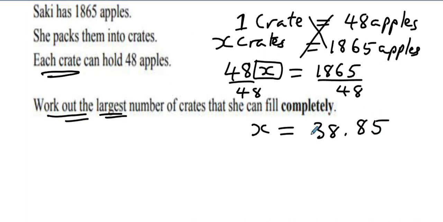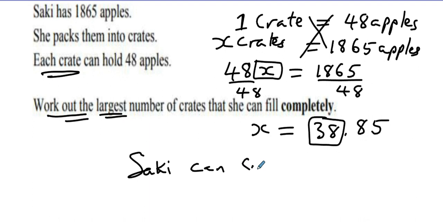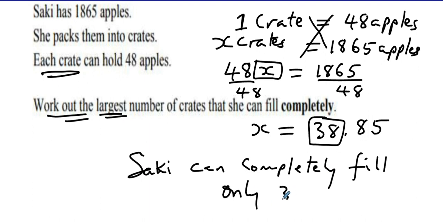Now the question is, work out the largest number of crates that she can fill completely. Pick up the whole number. That is your answer. So Saki can completely fill only 38 crates.